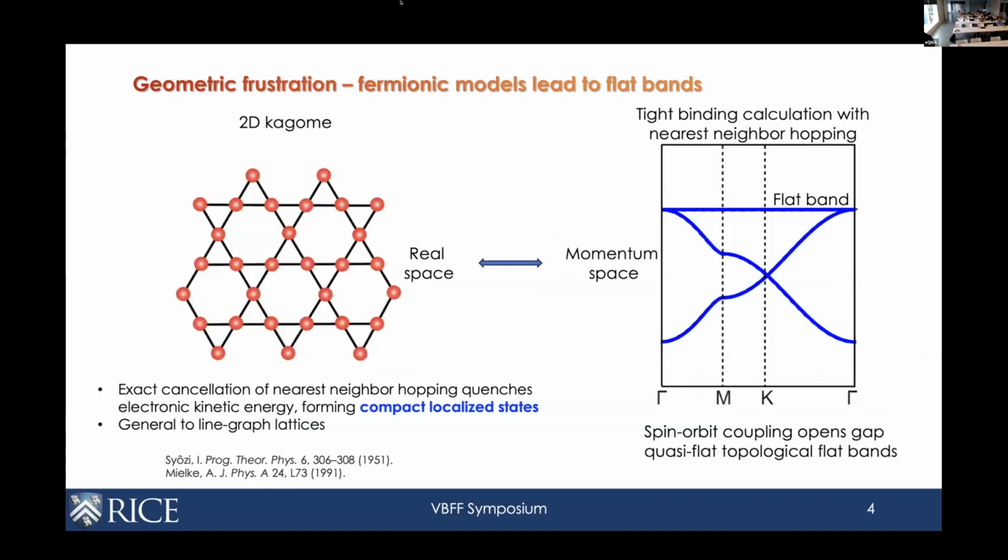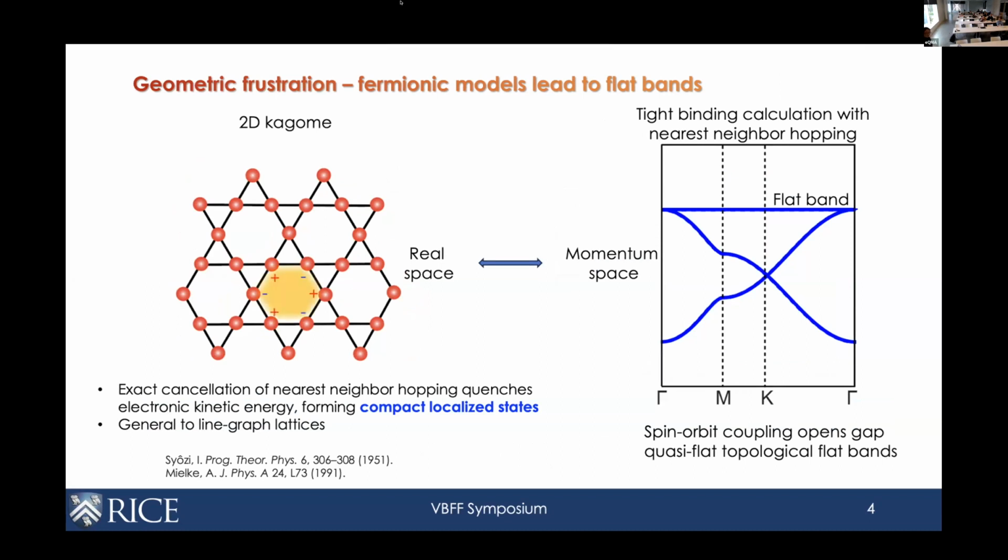This is what's known as geometrically frustrated lattices, and the poster child, which is the one on the slide, is that of a Kagome lattice. So this is a picture of a Kagome lattice. It's formed by these corner-sharing triangles. And the key interesting thing about these is that there is an exact cancellation of the nearest neighbor hopping.